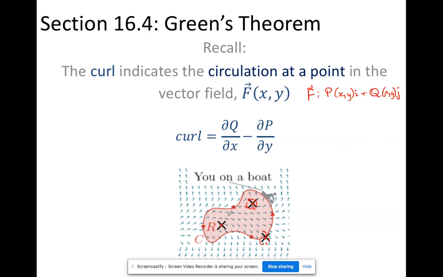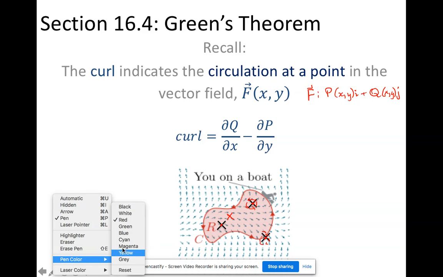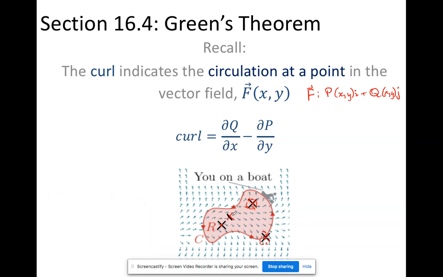Well, imagine that we dropped a lot of little jennies in here. I do hope that's the right word. Imagine we dropped a lot in here, and we computed the curl of every single one.